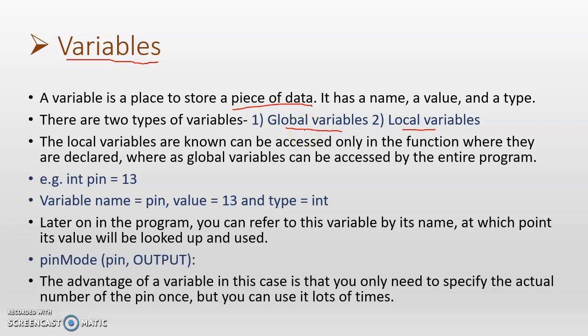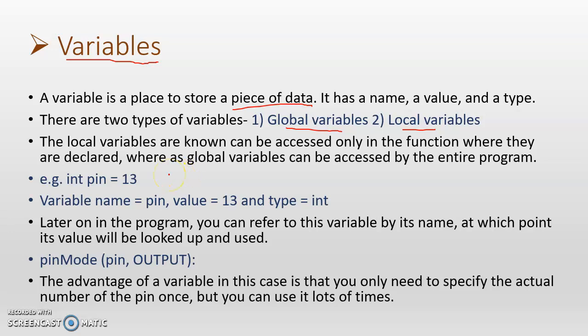Global variables are the most popular in Arduino programming, because a local variable is defined at that particular instant and is used and accessed in that instant only. But the global variables can be accessed throughout the program.